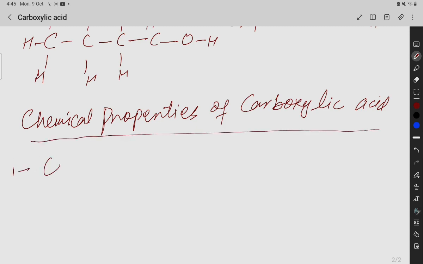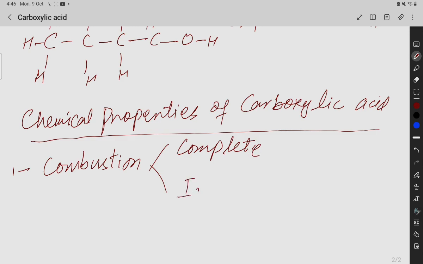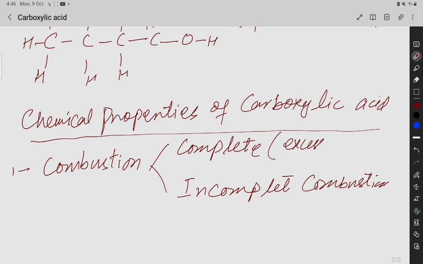First property is the same which we have done for alcohol and alkane: combustion, complete combustion and incomplete combustion. कंप्लीट कंबस्शन, एक्सेस ऑफ ऑक्सीजन, ठीक है. एंड इनकम्प्लीट कंबस्शन, लिमिटेड सप्लाई ऑफ ऑक्सीजन.